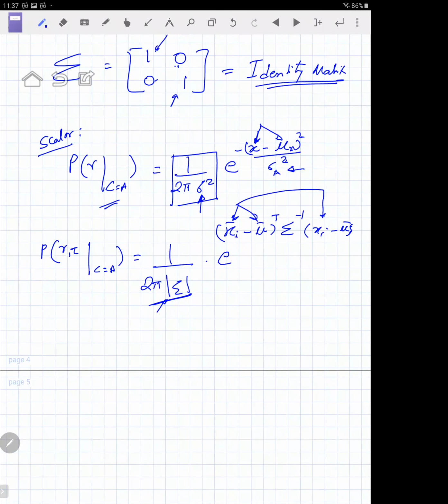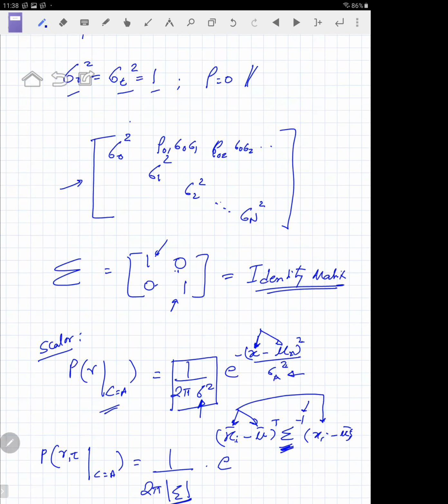So covariance in a scalar; in a matrix form, you take this covariance matrix and take its matrix inverse. What is a matrix inverse? A matrix inverse is not the inverse of each element of the covariance matrix. It is not 1 over sigma 0 square, 1 over... It's not doing a division by 1 of all these entries.